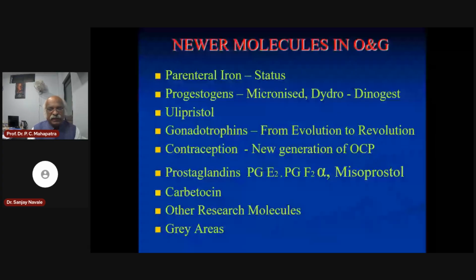So gray areas of obesity, gray areas for sexual medicine, gray areas for some urinary and female urology problems. These are various aspects where the gray areas can serve the purpose.